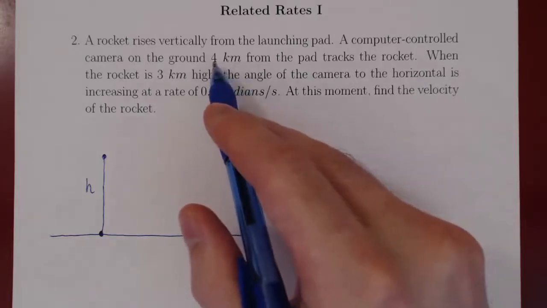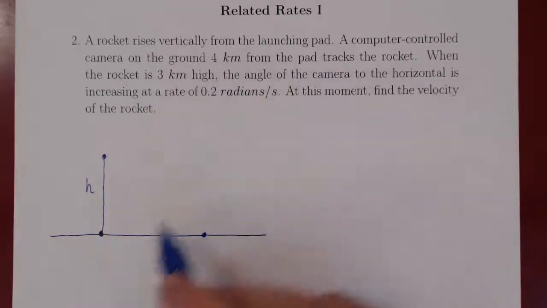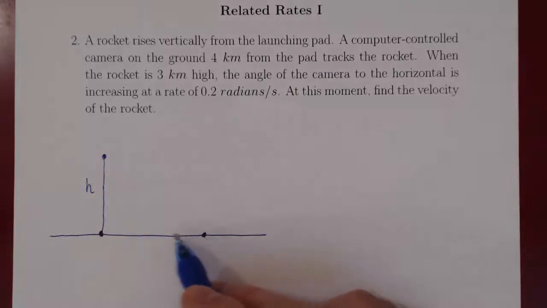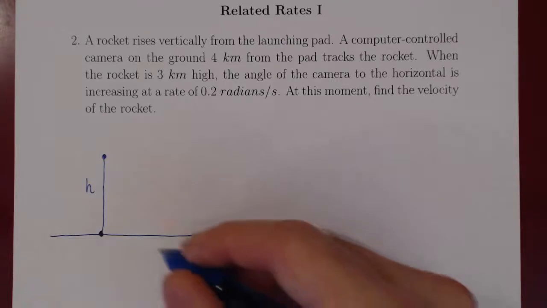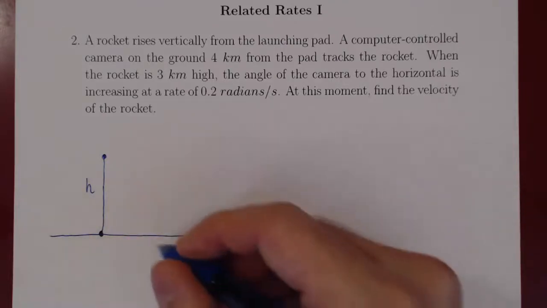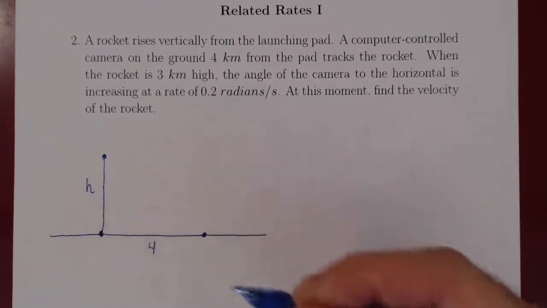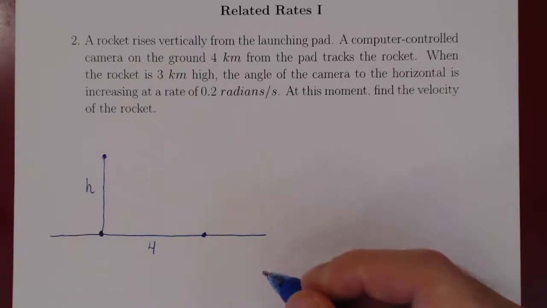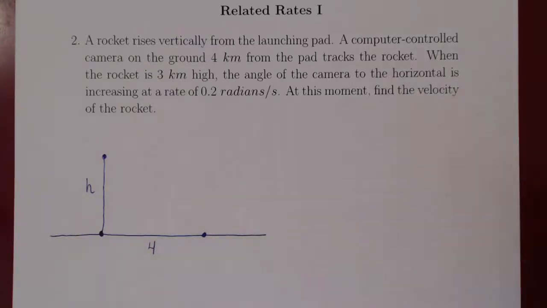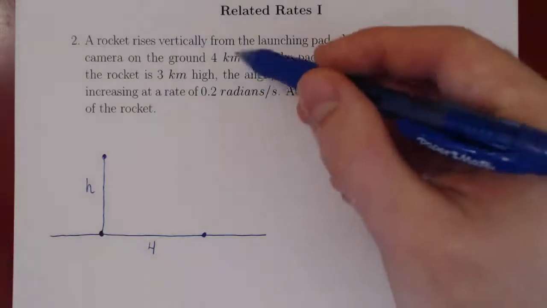We're told it is 4 kilometers from the pad, so this will be a constant. It will never change. The launching pad is fixed, the camera is fixed, and so this is 4 kilometers. And you see, in the previous problem, the units of distance were in meters. Now they will be in kilometers.